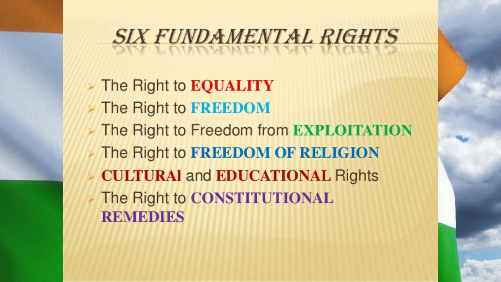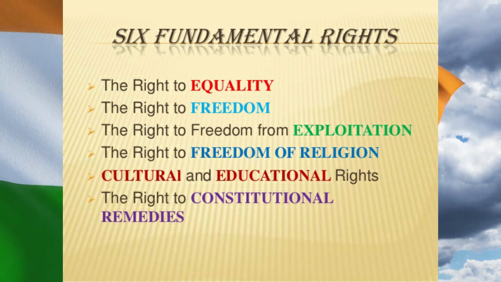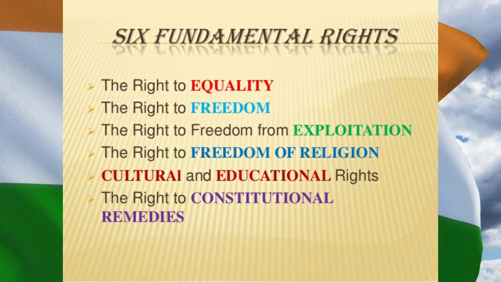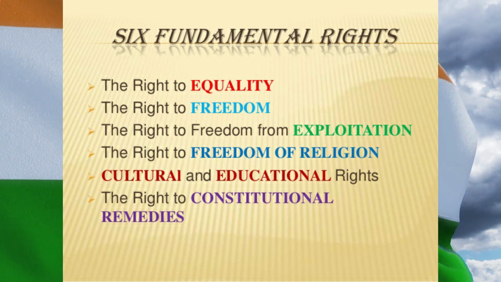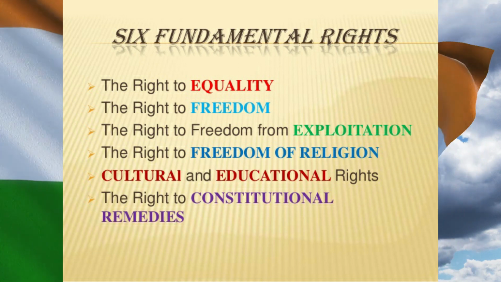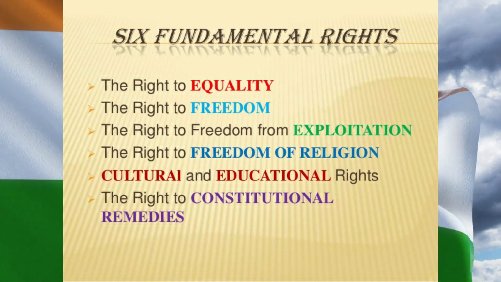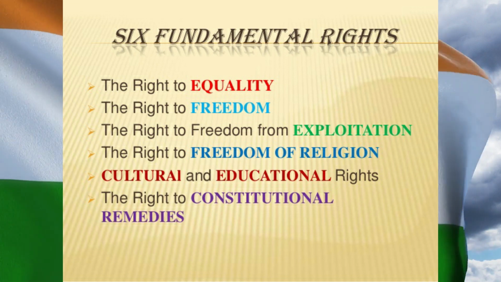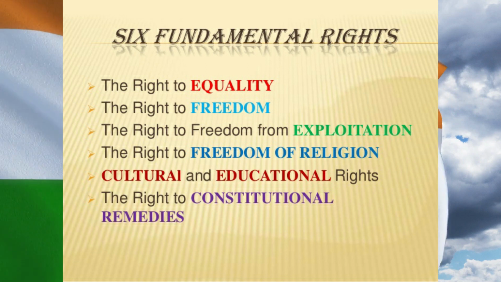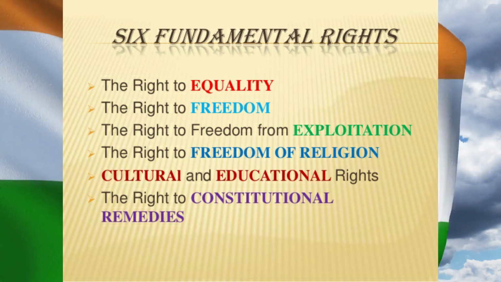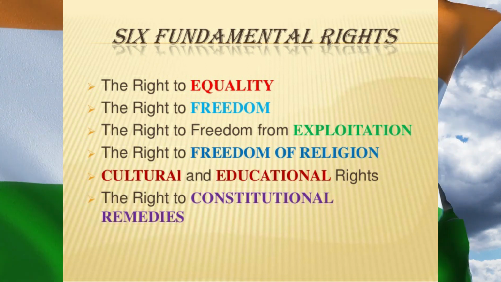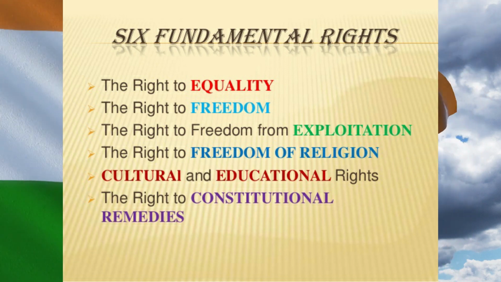Fundamental rights. The fundamental rights are enshrined in Part 3 of our Constitution. They are justiciable. A person can move a court of law for remedy in case they are interfered with or violated. Fundamental rights, however, are not absolute. Let us read about the 6 fundamental rights.